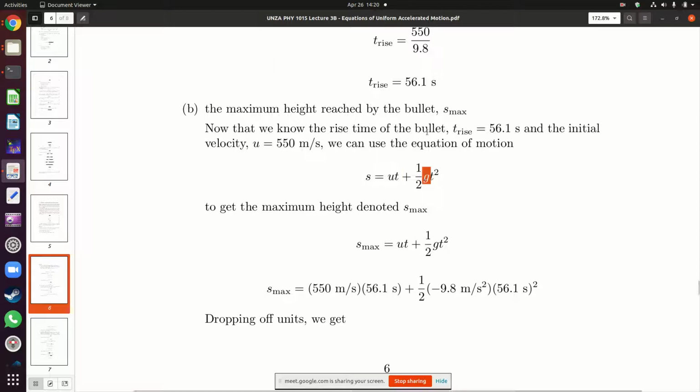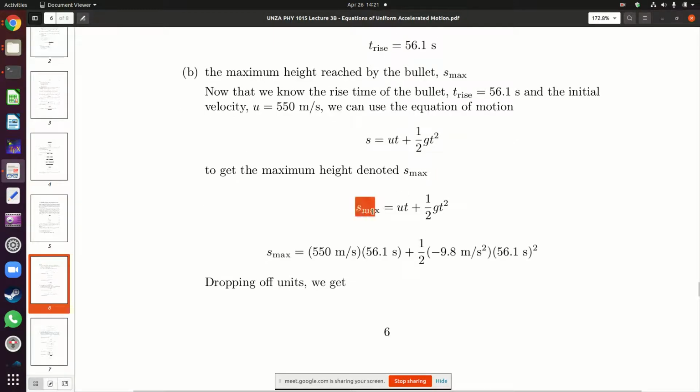So the bullet is going away from the surface of the earth, so the acceleration is minus 9.8, then t squared, t is the rise time, which you already have here as 56.1 seconds. So we work this out. S max is going to be equal to ut plus half gt squared.